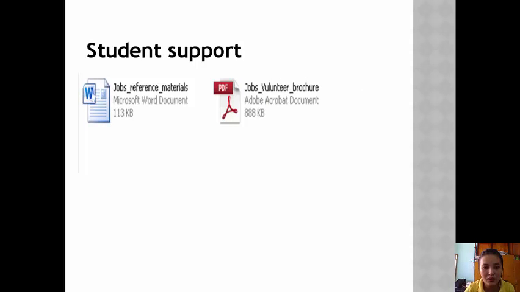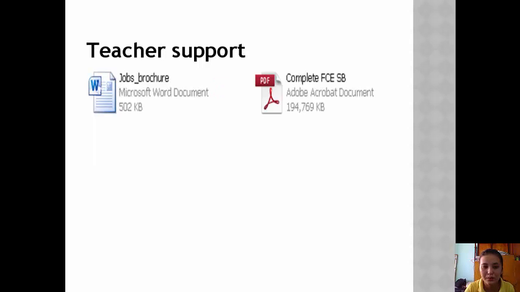The student support handout and the grammar and vocabulary exercises will be included in this Word file. If a student wants to know more about the volunteer job, they have to read this brochure. If they want to be a participant of this organization, they can fill in a form in this brochure.